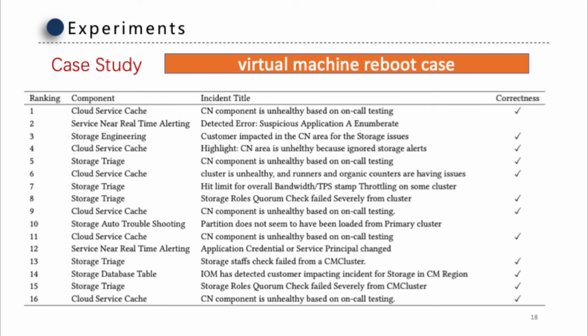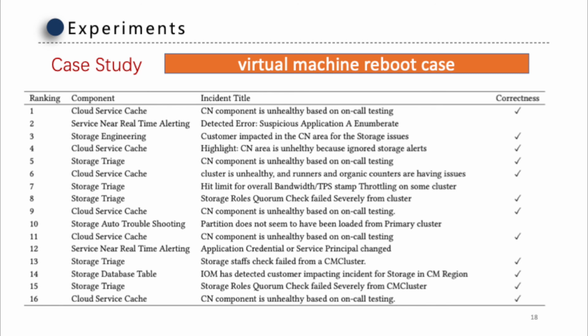After checking the linking results with the on-call engineers, we find that 12 of 16 of them are indeed related to the investigated incident. As presented in the table, top incidents happened at the cloud service system and storage components. These components are recognized to be commonly affected by network issues.